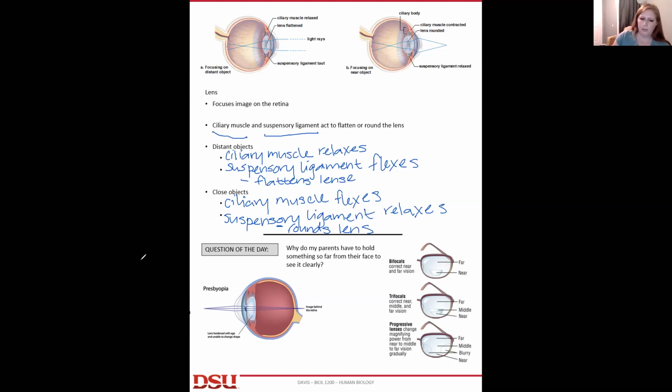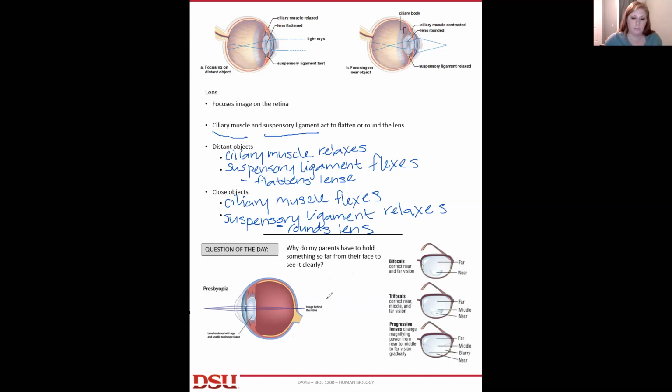Question of the day: why do my parents have to hold something so far away from their face to see it clearly? I was going to make a comment about assuming parents can't see, but okay. What happens is, as we age, the lens of the eye tends to get harder, which means it doesn't change shape very well.